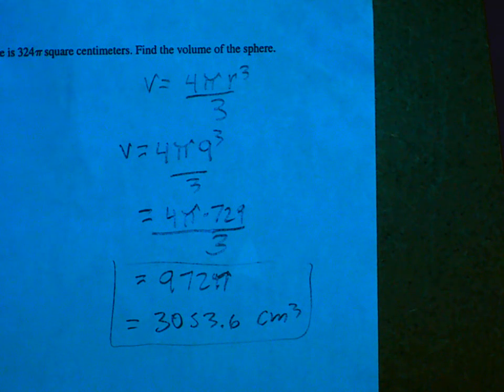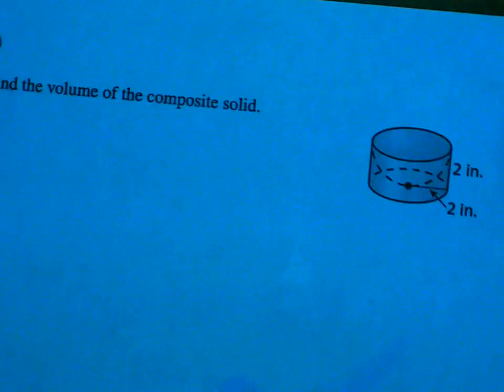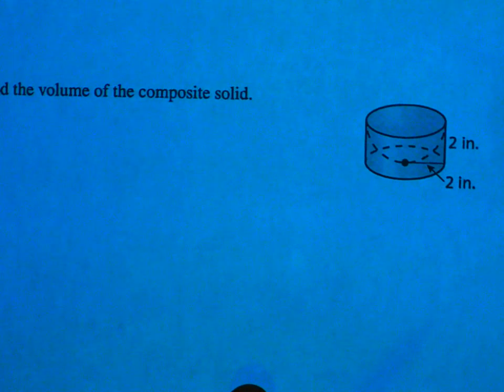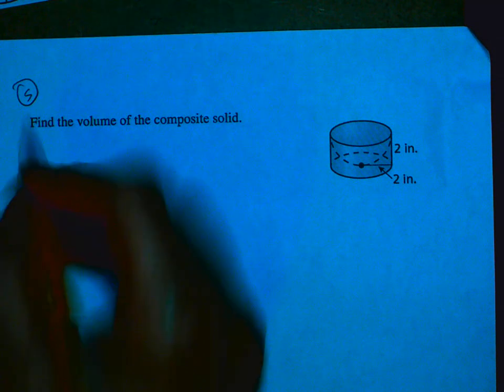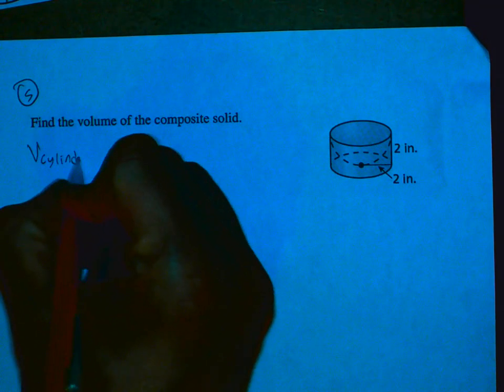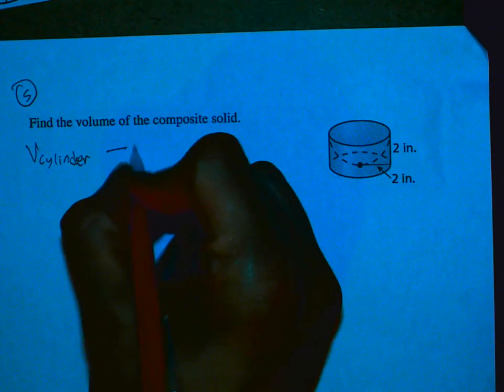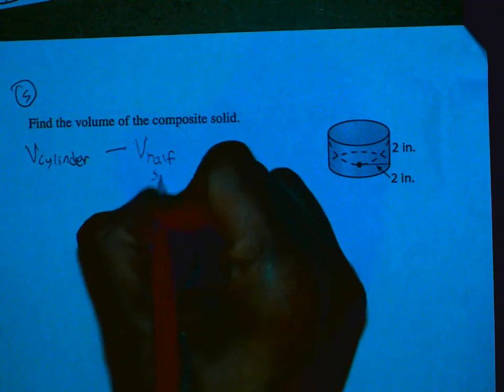Example 5. It says, find the volume of the composite solid. To find the volume of the composite solid, you're going to have to find the volume of the cylinder and subtract off the volume of the half sphere.